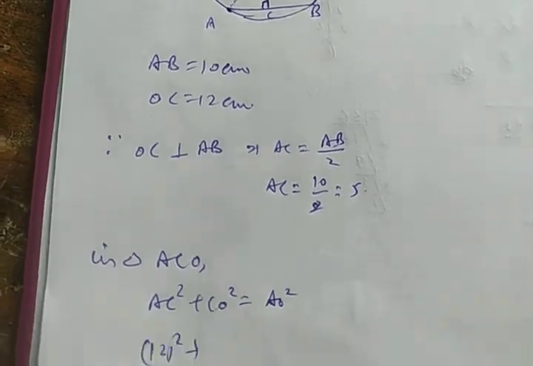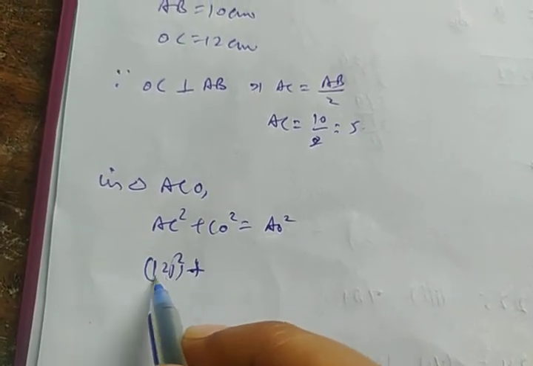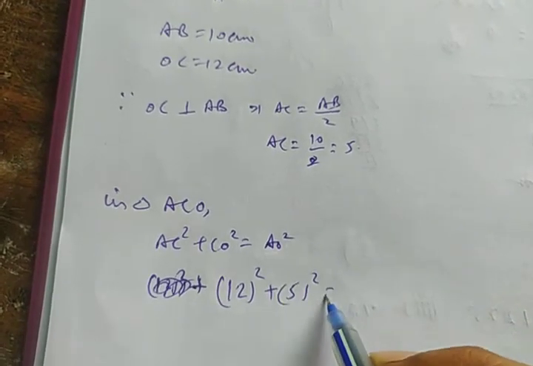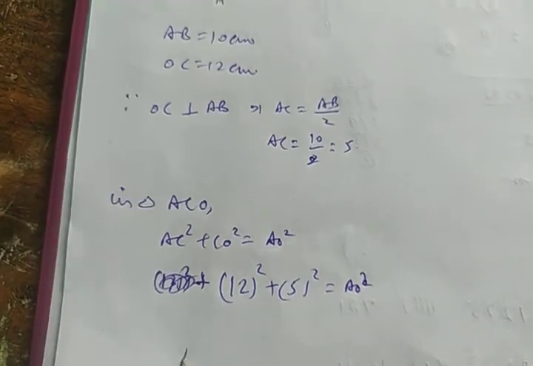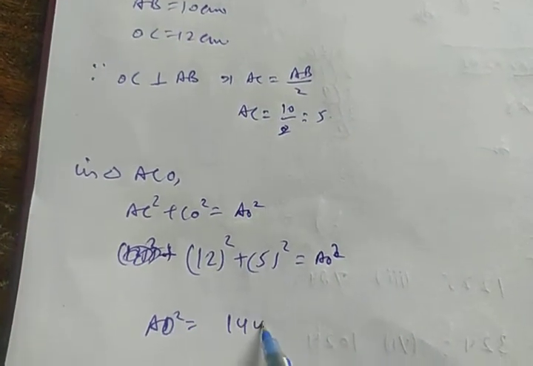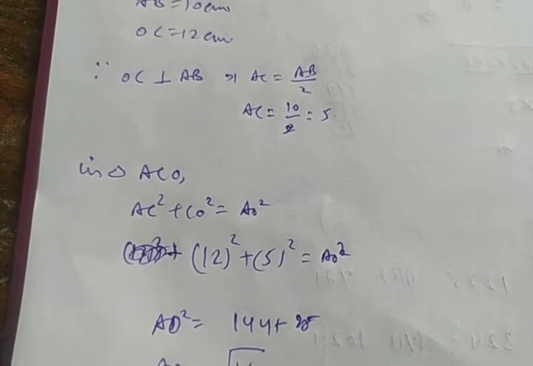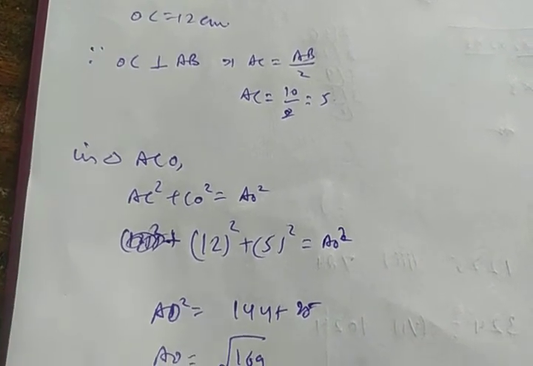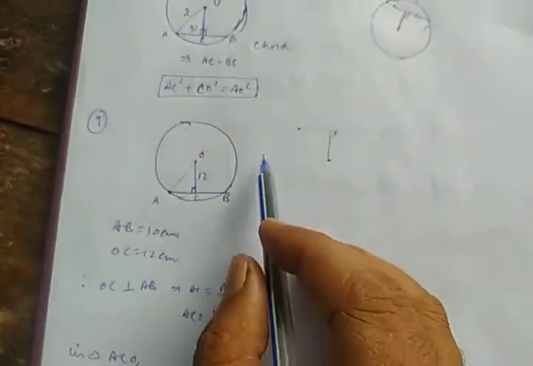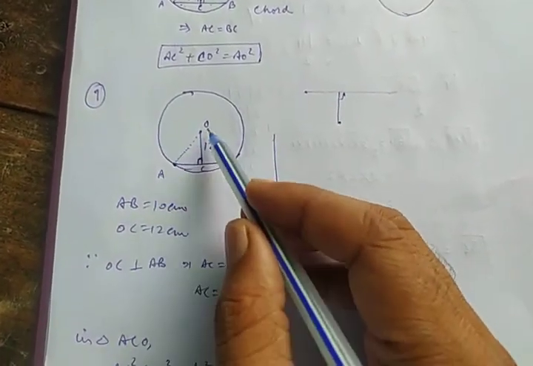Then 12 square plus 5 square is equal to AO square, or AO square is equal to 144 plus 25. AO is equal to under root 169. AO is equal to 13. AO is coming 13 centimeter. When you have got AO, AO means the radius.